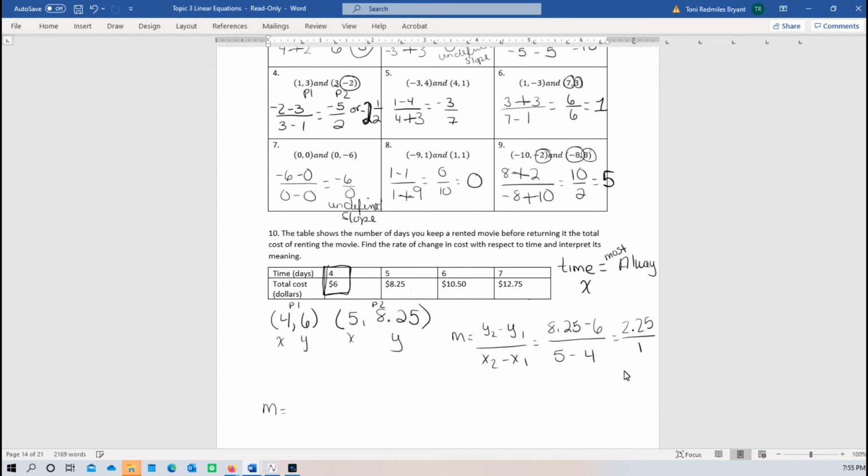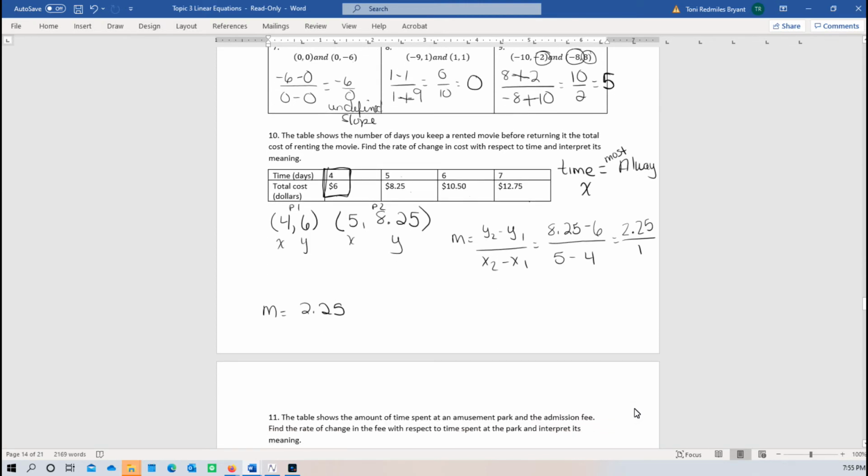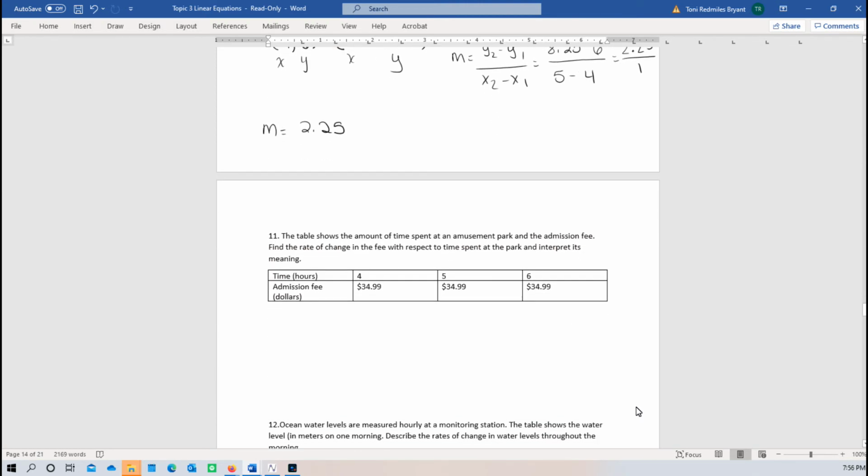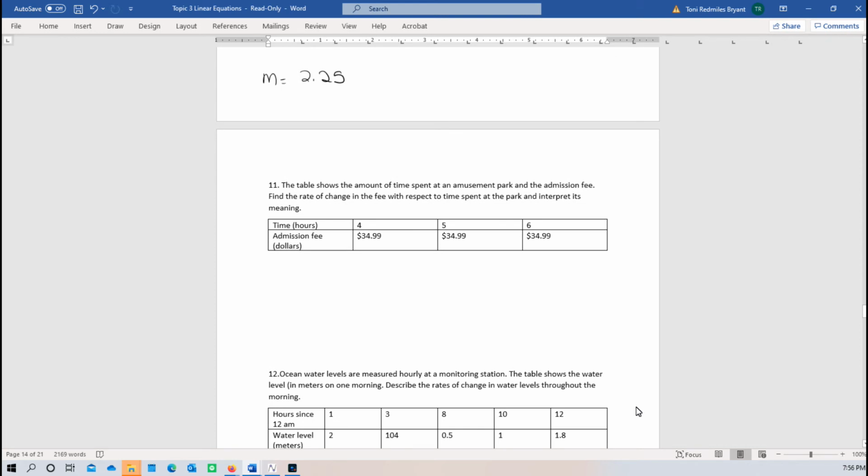And we get a slope of 225. And that makes sense because as time is progressing, our money is increasing. So I should have gotten a positive slope. I should have been able to see that before I did my math, that I was going to get a positive slope.